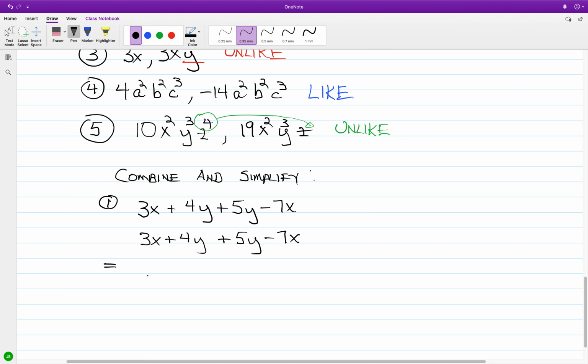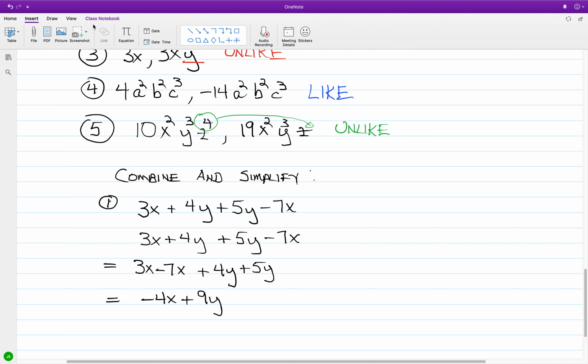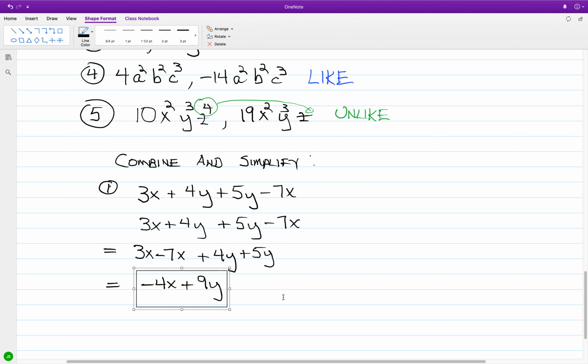Here, 3x can be joined with negative 7x, and 4y can be joined with 5y. 3x minus 7x comes down to negative 4x, and 4y plus 5y comes out to 9y. And that will be the final result in this one.